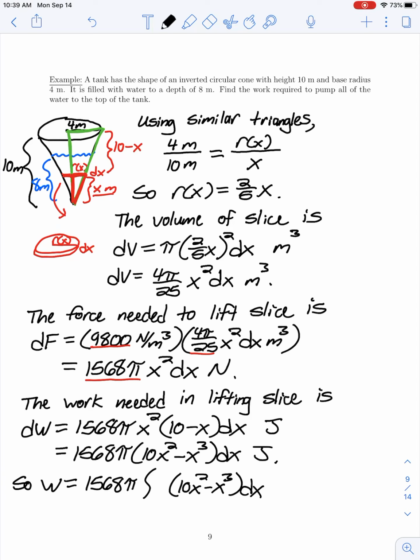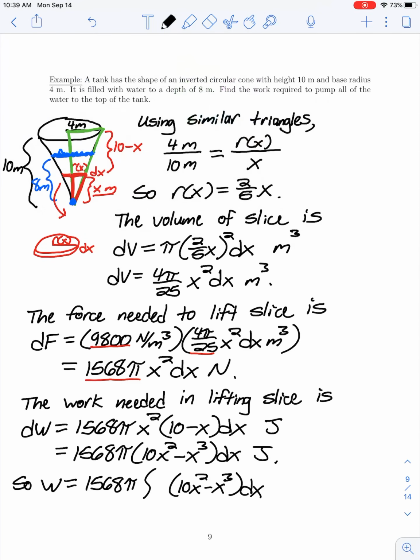Here, x was the distance from the bottom of the tank up to where I was taking my slice. So at the bottom edge of our tank, x would be 0, and then the height of the water goes to a depth of 8 meters. So at this top edge of the water, x would be 8.